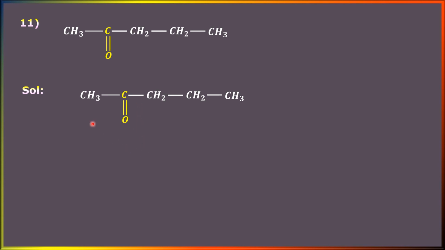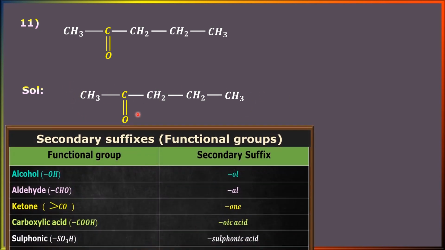For that reason, I am numbering the parent chain from left to right. See here, the functional group present in this compound is ketone, C double bond O. Okay. Numbering is done from left to right so that the carbon atom attached to the functional group gets the lowest possible number.